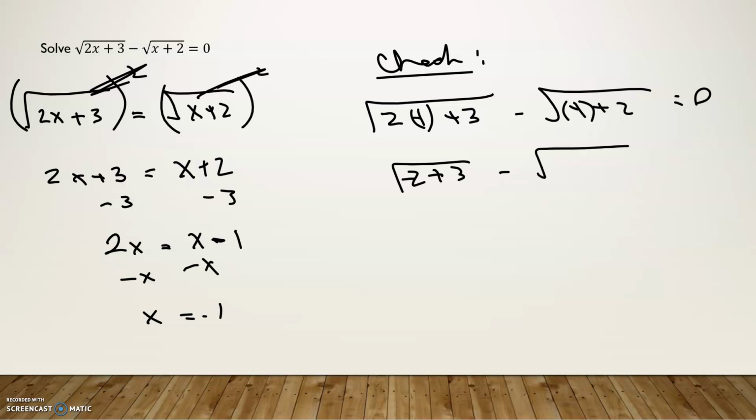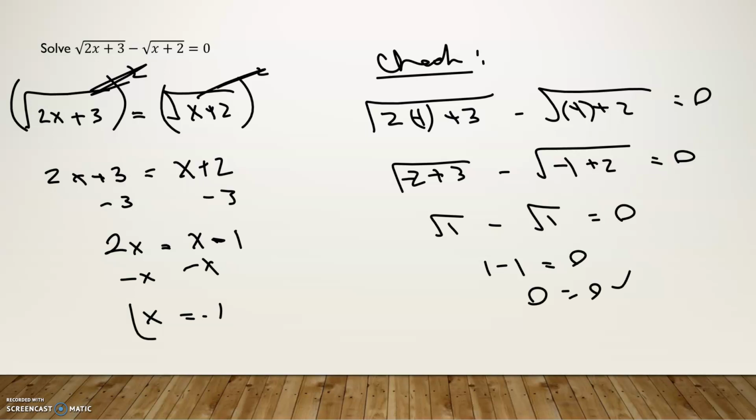So this will be the square root of 1 minus, this will also be the square root of 1. 1 minus 1 equals 0. 0 equals 0. Okay, so x equals negative 1 will be our answer for this one.